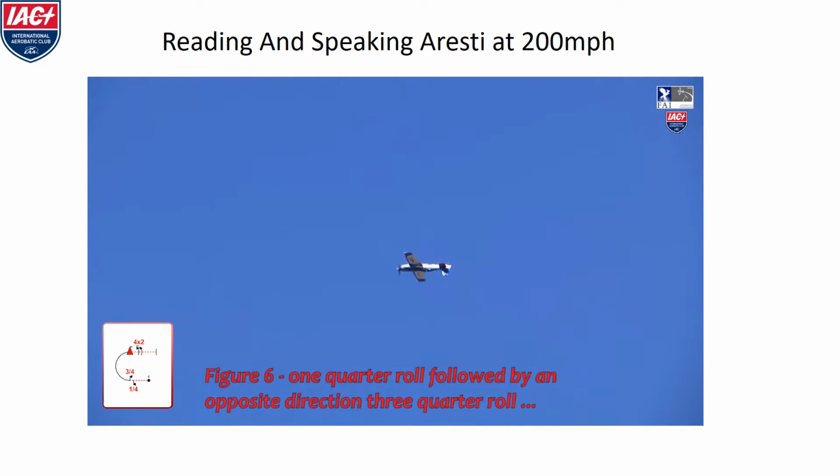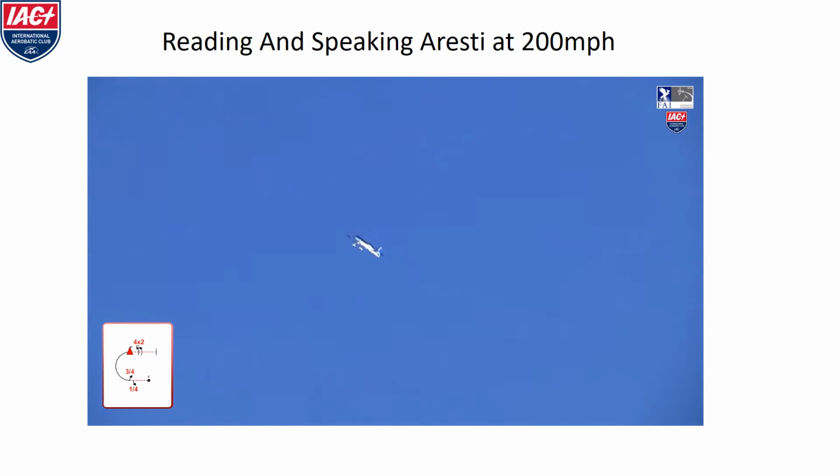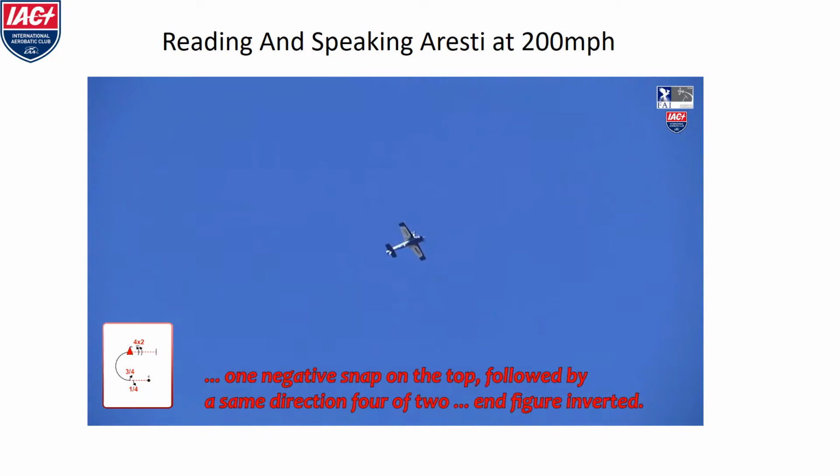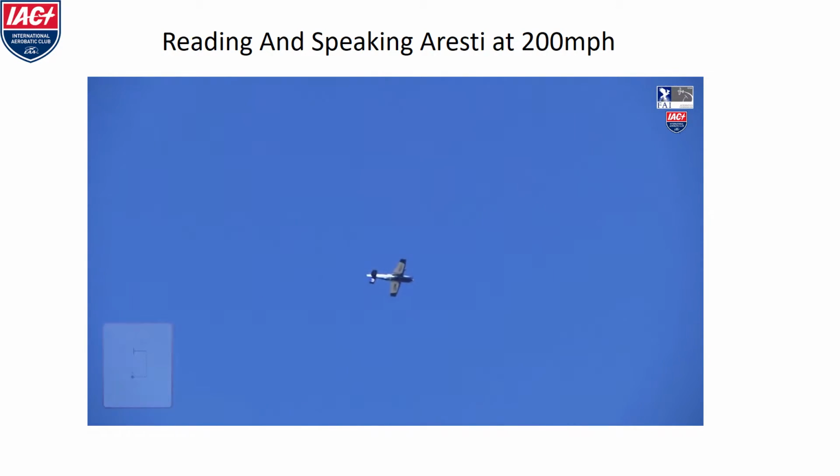Figure 6, 1/4 roll, followed by an opposite direction 3/4 roll, half loop up, positive 1 negative snap on the top, followed by the same direction, 4 of 2, end figure inverted. Figure 7, push vertical up, push level, end figure.